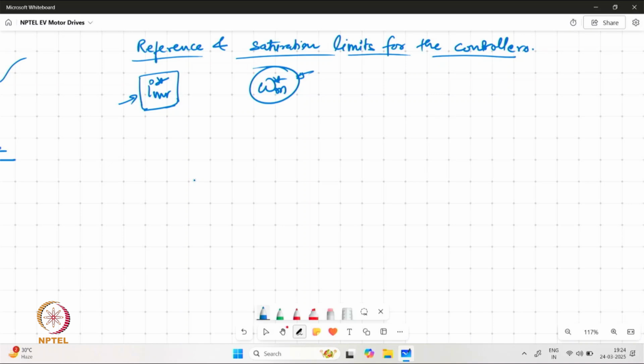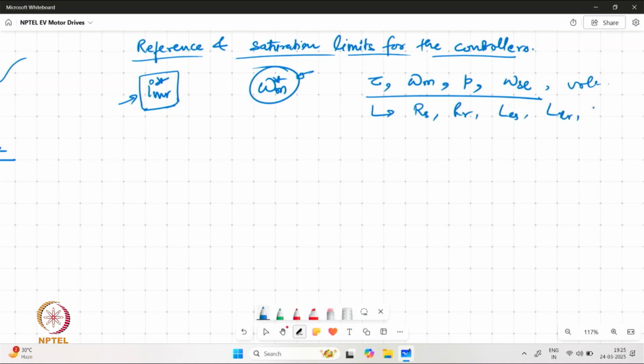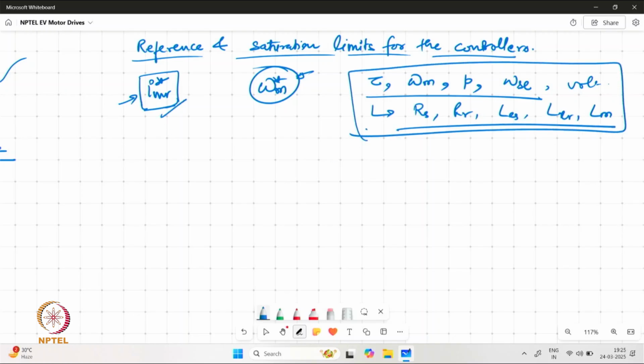For example, we may have a nameplate rating where torque, rotational speed, number of poles, slip speed, voltage, and current may be mentioned, and then we can have the parameter estimation for the machine, which can provide us the other circuit related parameters, for example RS, RR, LLS, LLR, LM. Now using these things we can compute the required value of IMR.